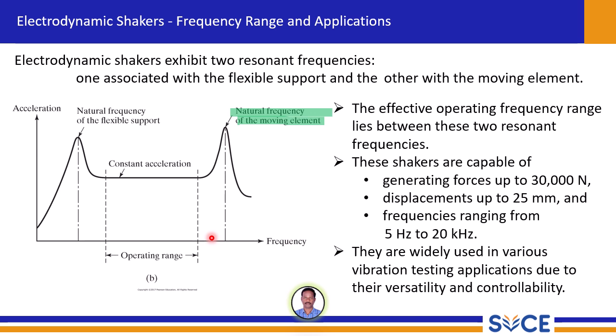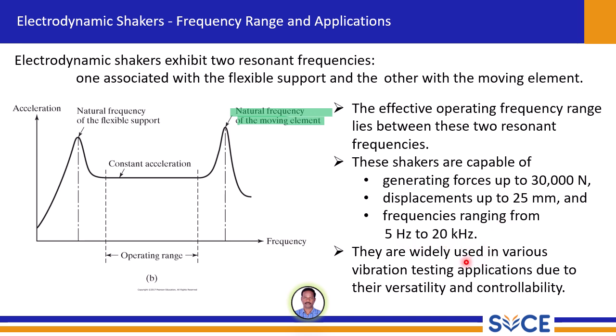Electrodynamic shakers are quite versatile and powerful. They are capable of generating significant forces, often up to 30,000 newtons, and can achieve substantial displacement up to 25 millimeters. Moreover, they can operate over a broad range of frequencies, from as low as 5 Hz to 20 kHz.